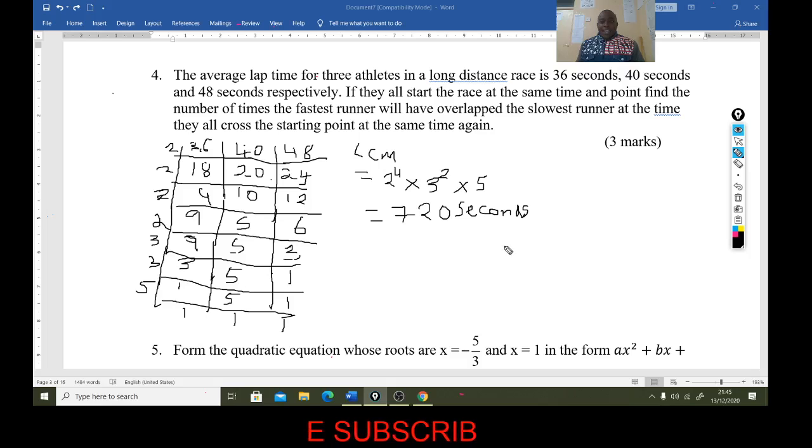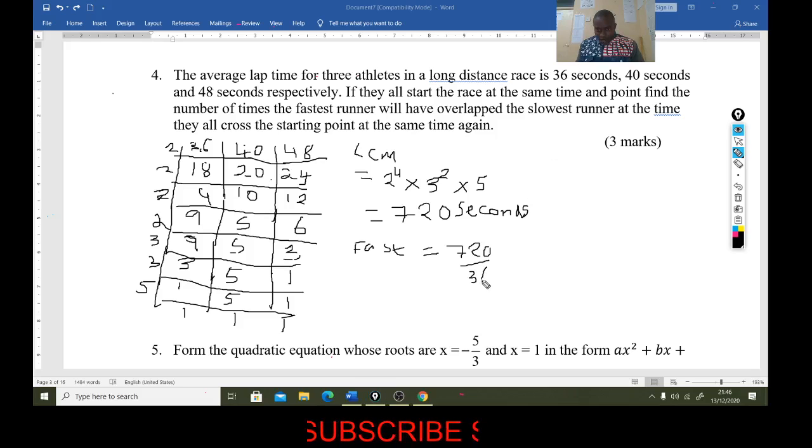Now, the fastest runner shall have taken how many laps? It is now 720 divided by 36 that he takes for one lap.